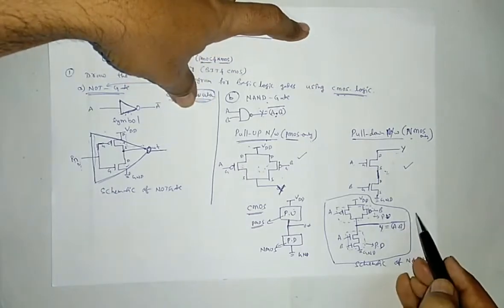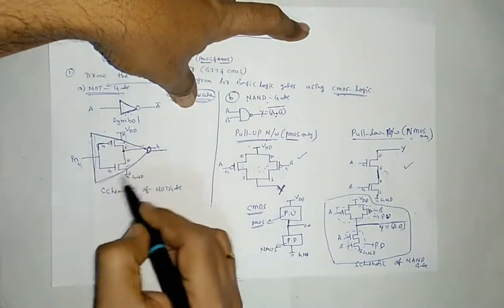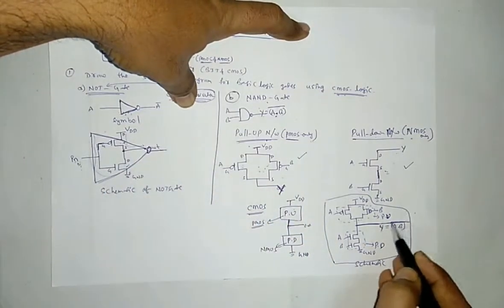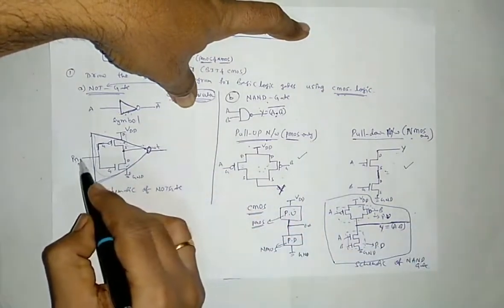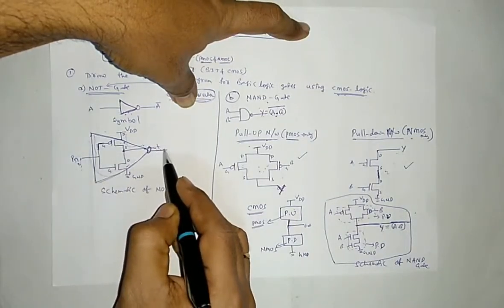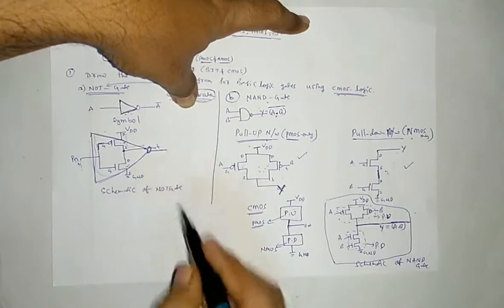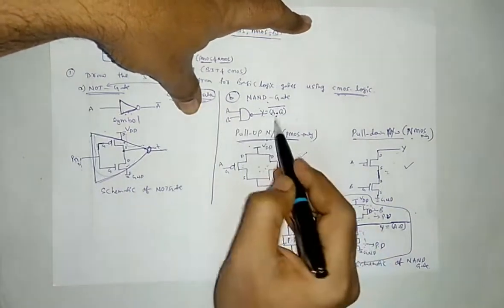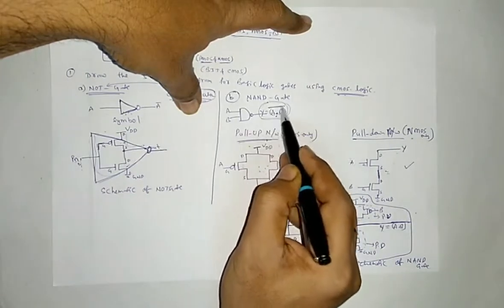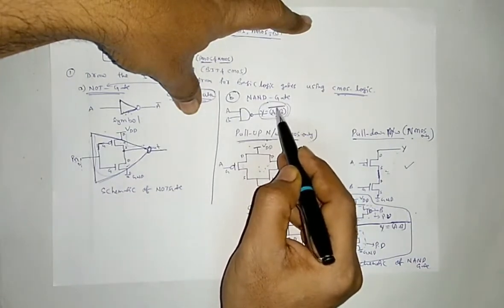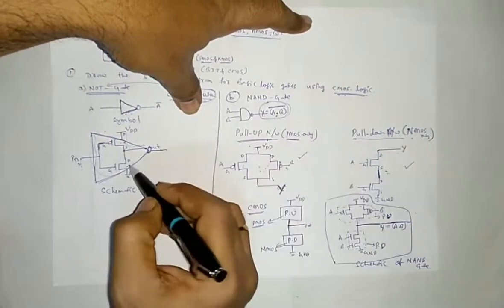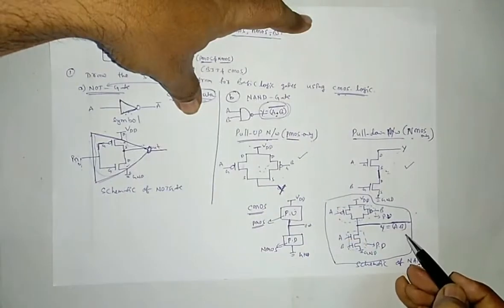So this output Y is connected to the input terminal of this inverter, then here you will get Y equals A and B. And remember one thing: if the given logic function is a complemented logic function, then it is not necessary to use an inverter at the output section.